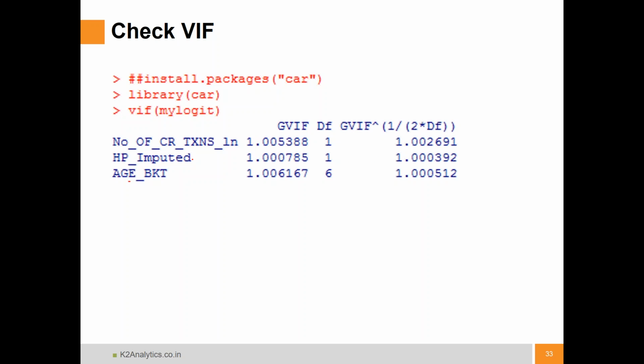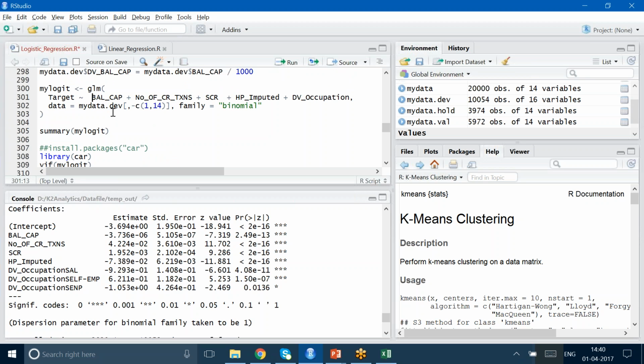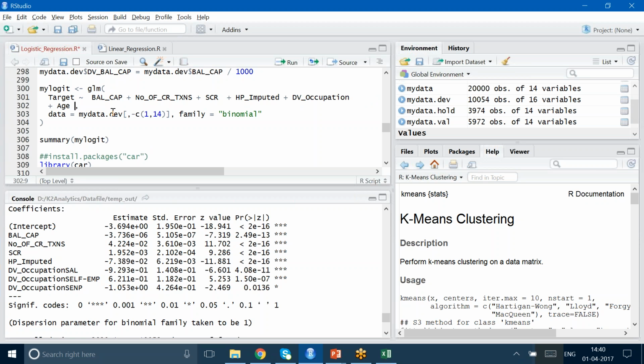When I check the VIF in this presentation, because I executed with only 3 variables, it's showing 3 variables. We did not try age bucket, or was age not coming significant? Let me quickly do it with age also. Plus age, plus age underscore BKT.